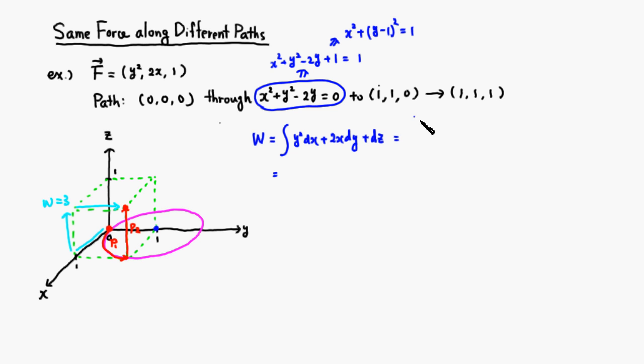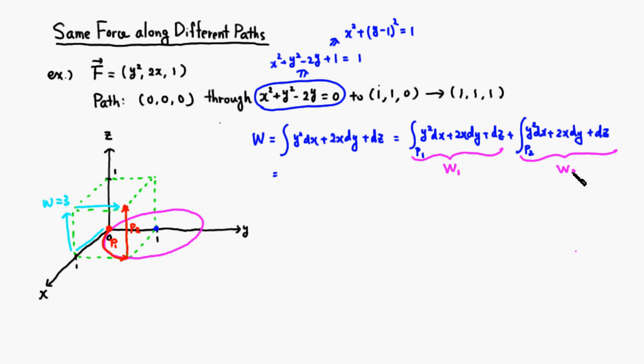We want to find an integral over P1, and we're going to split that into 2 integrals so that we can take care of them separately. Along P2, same thing. I'm going to call this one work 1, and this one work 2.